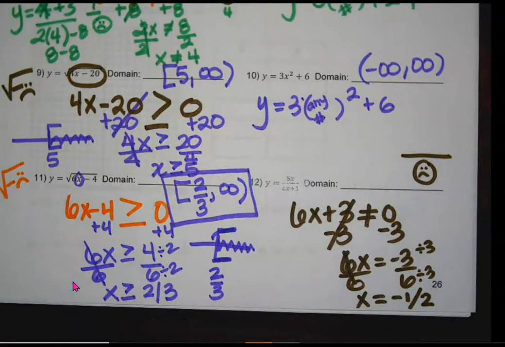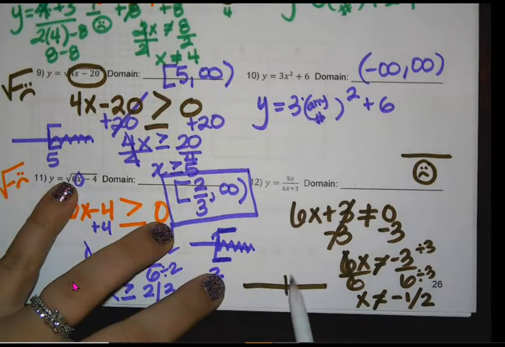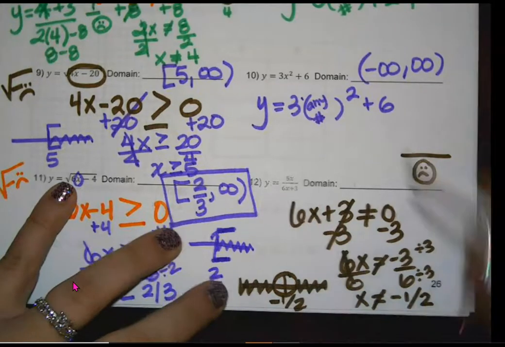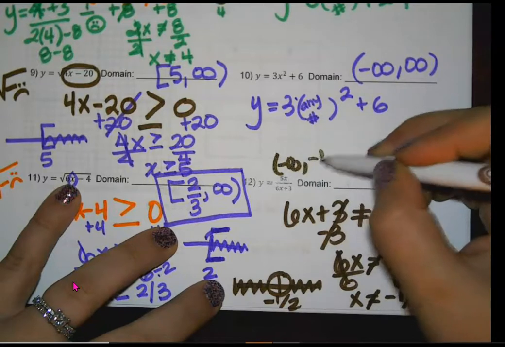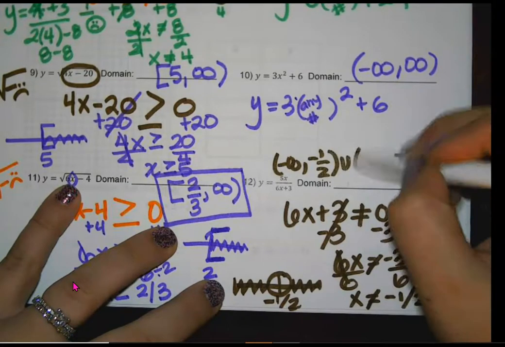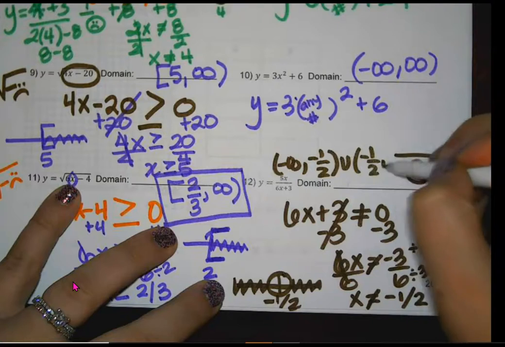So x can be any number, but not negative 1/2. If I draw a picture of that, it looks like this. Could be any number, but not that number. So it could be any number less than negative 1/2, or any number greater than negative 1/2.